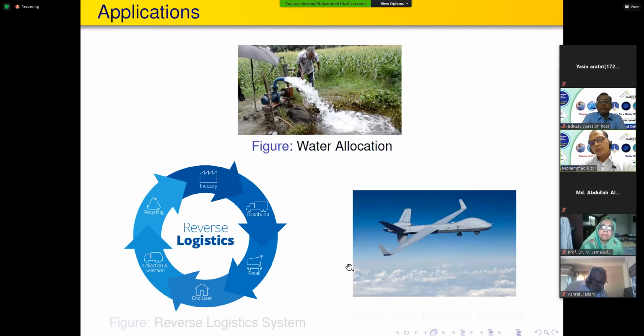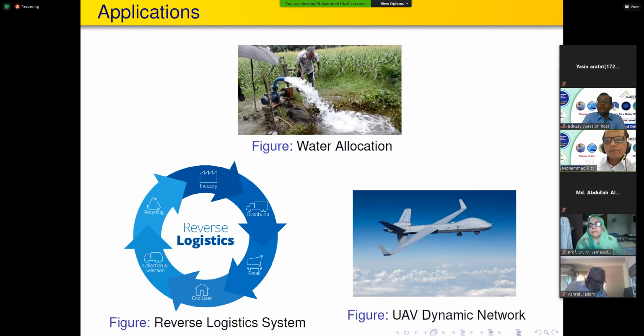Another application you may find, which many people are presently working on, is the UAV, an unmanned aerial vehicle. We always try to communicate with the UAV from the base points. In that case we try to maximize network connection level and at the same time minimize the confidence levels of connectivity.